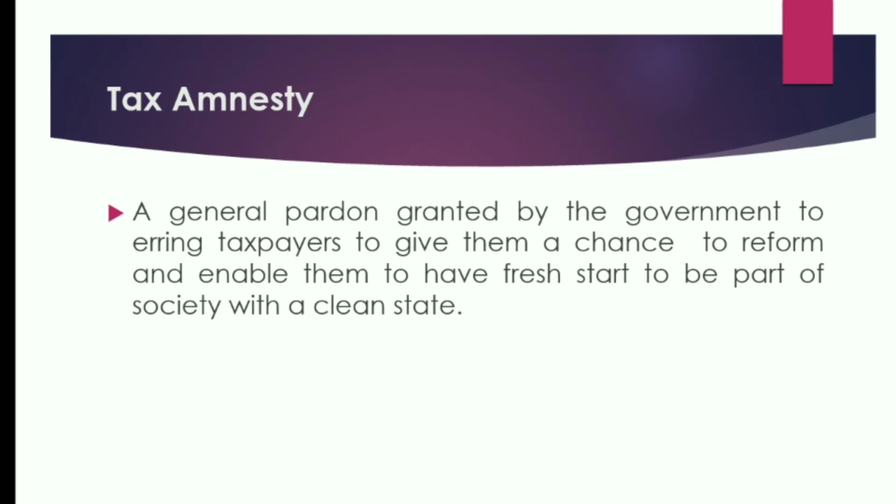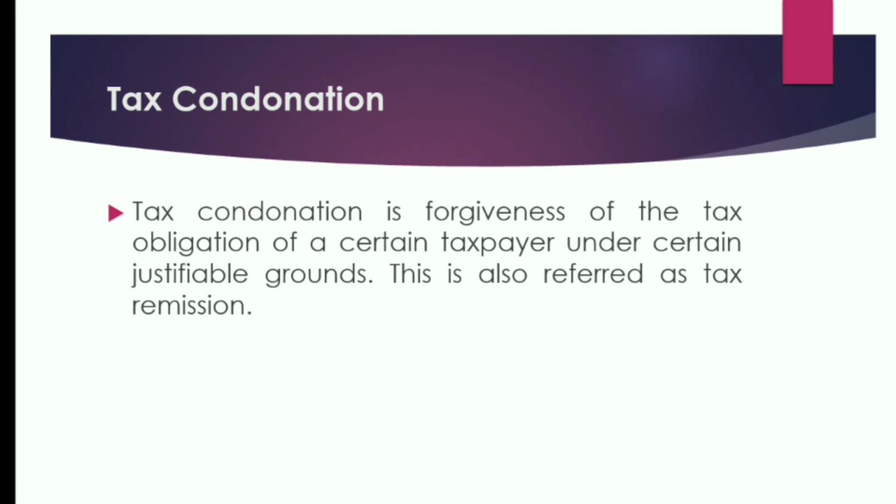This is actually an absolute forgiveness or waiver by the government of its right to collect, and it has retrospective application. And then we also have tax condonation. Tax condonation is also a forgiveness of the tax obligation of a certain taxpayer under certain justifiable grounds. This is also referred to as tax remission.